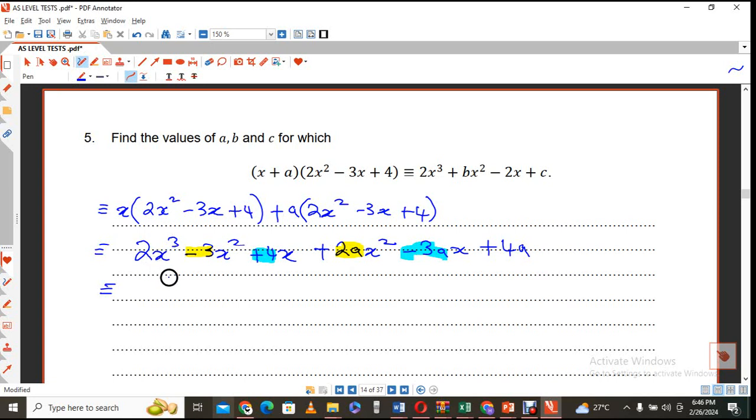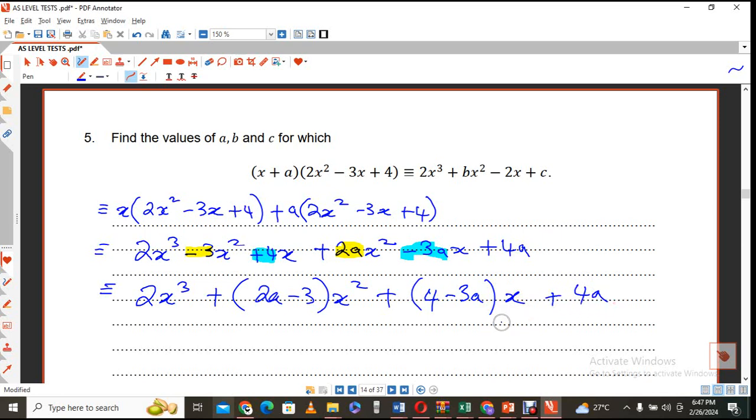So at the end of the day, I will have 2x cubed, plus 2a minus 3 for the x squared, then plus, very important that you understand, the one for the x would be 4 minus 3a. And then my constant will simply be plus 4a.